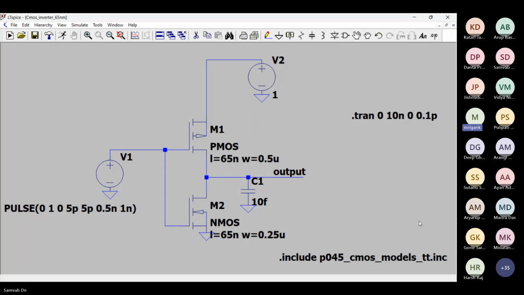So when the input becomes low, the VDD charged the capacitor through PMOS. But when the input became high, the NMOS discharged that capacitor. So finally, that charge came from VDD, went to ground. The total charge that was deposited on the capacitor was how much? C times V, Q equal to CV.